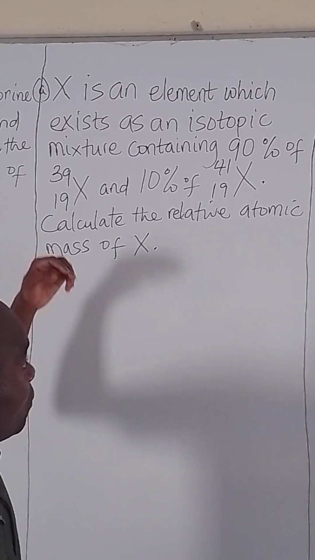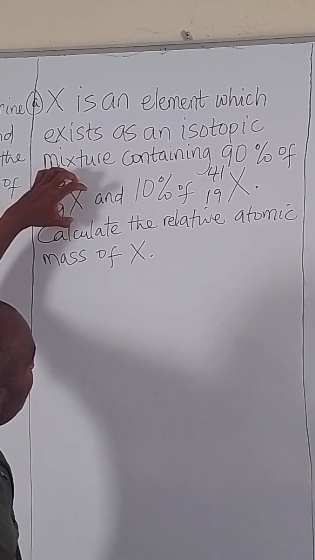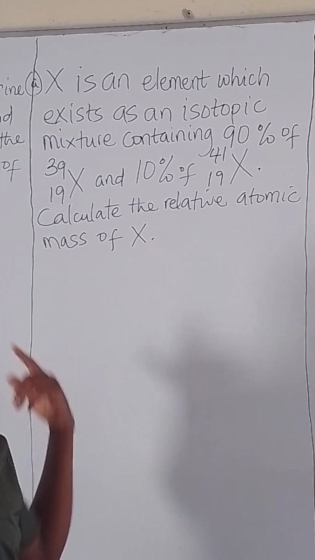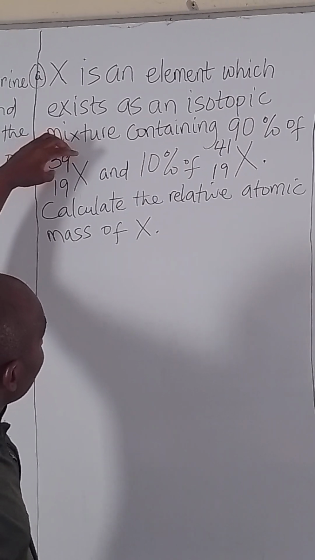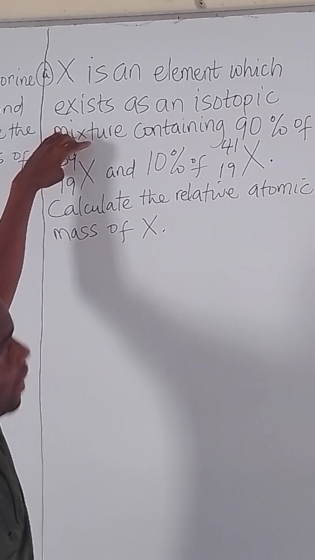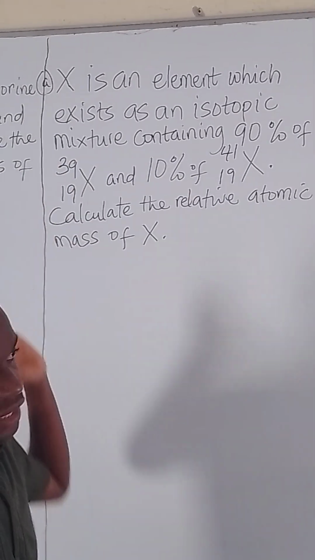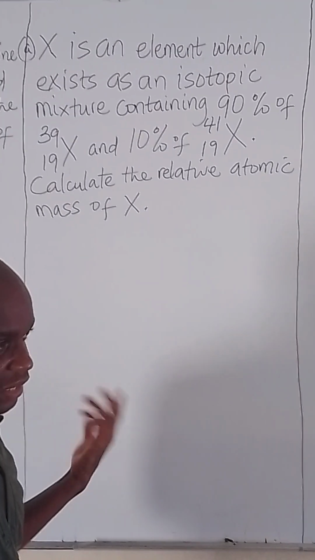Remember, in the periodic table, we normally represent elements in this form, where X represents the chemical symbol of the element. The bigger number on top represents the mass number of the element, while the smaller number down represents the atomic number of the element.